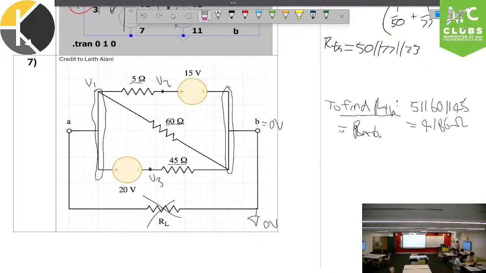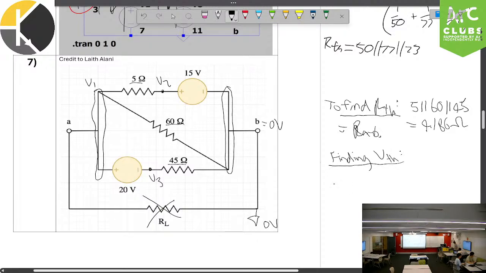So we can actually get rid of these. That was from the Thevenin resistance. So if finding VTH, we can say that V2 is simply 15 volts. So that was very easy to get. The other two are not as easy to get.